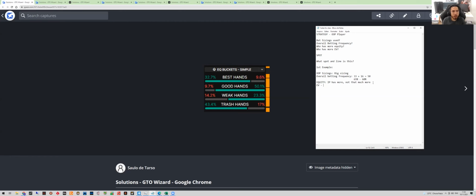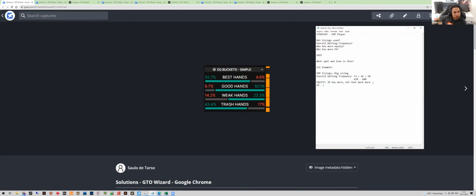Is it definitely OP who can capture a larger portion of the pot here? OP higher EV as he realizes his equity more. Well, there's a lot of things packed into that sentence, right? Why are you assuming that OP realizes his equity more, or realizes his best equity more?